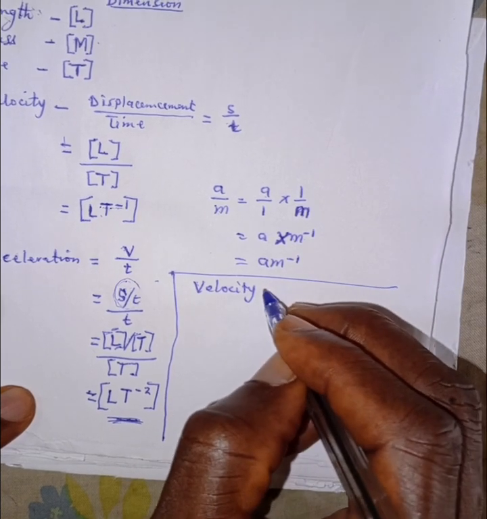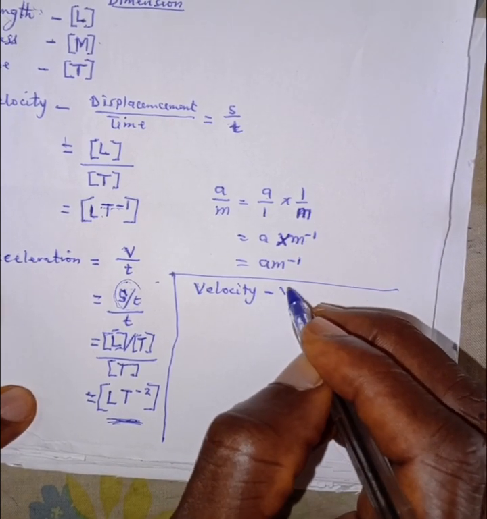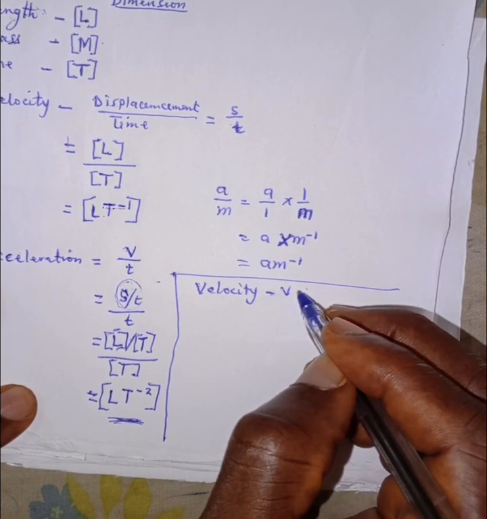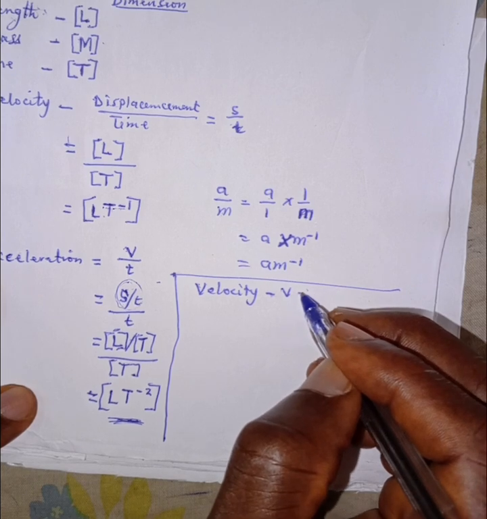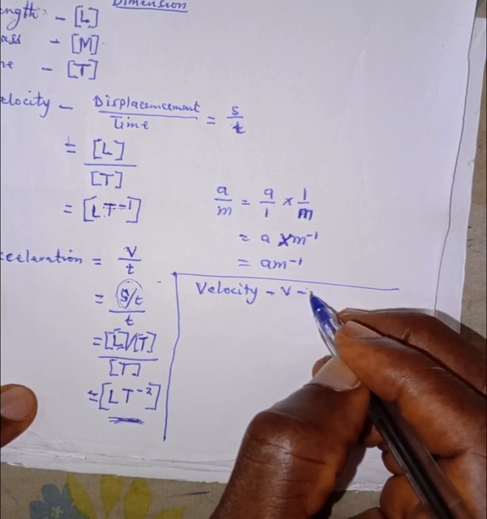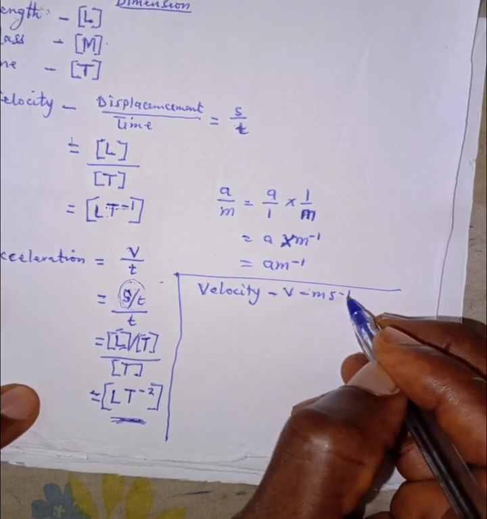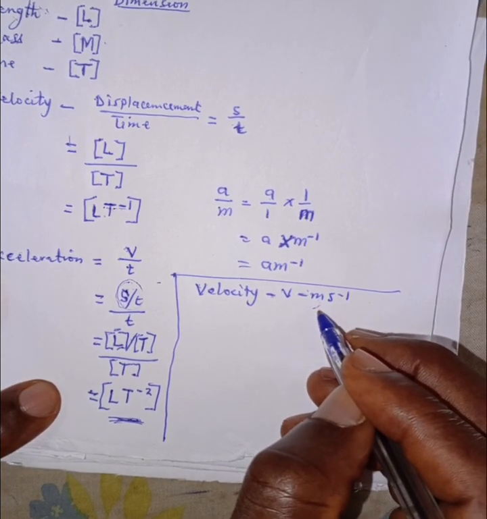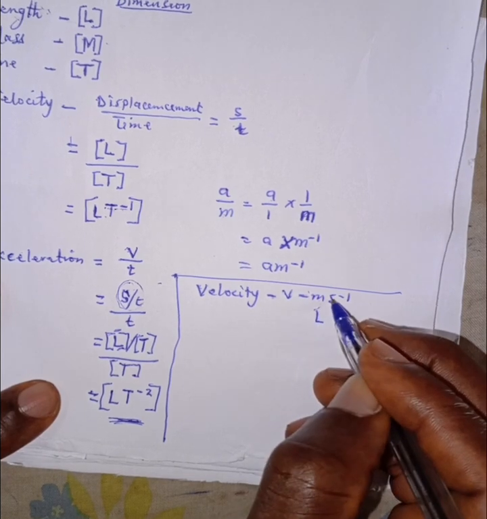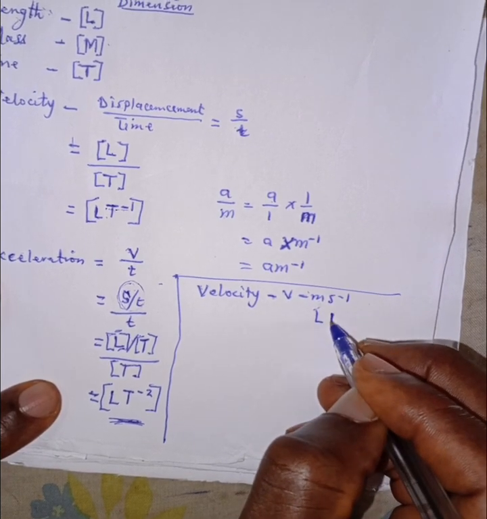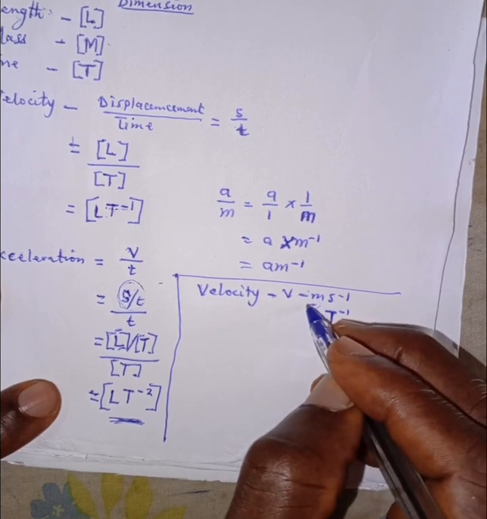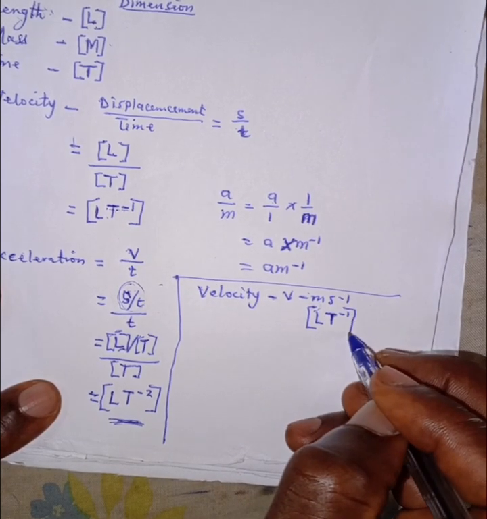The unit of velocity, v, is meter per second. So if you want to find the dimension of this, you can just say meter is L, second is time, T raised to power minus 1. So it's just very simple if you decide to use the unit.